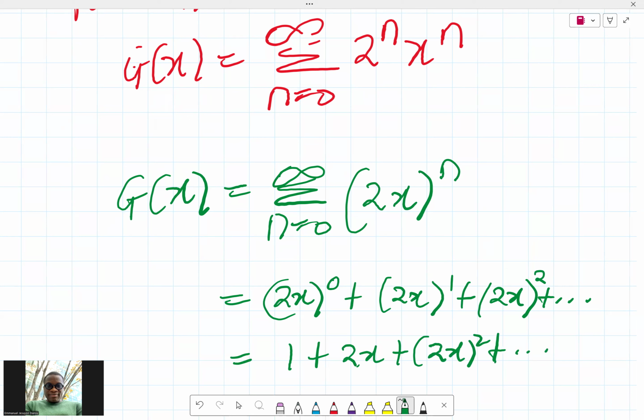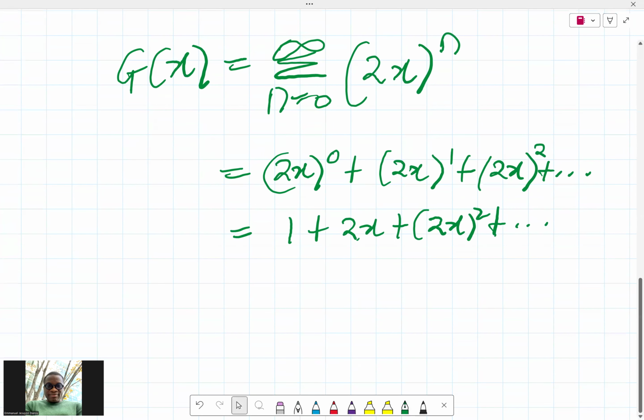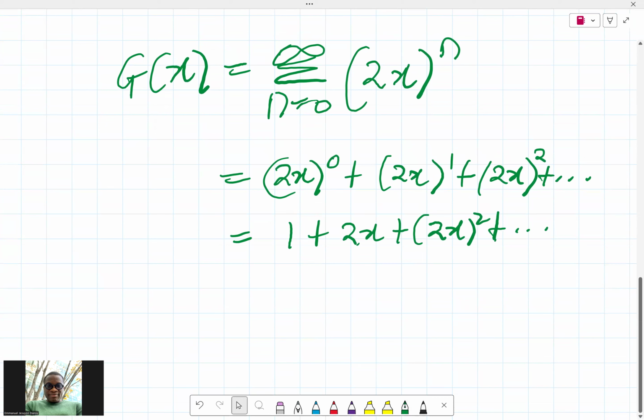So what if we consider the sum to infinity for this expression? It's a geometric series from all indications, with first term 1. The common ratio is 2x, because we keep multiplying every succeeding term by 2x.